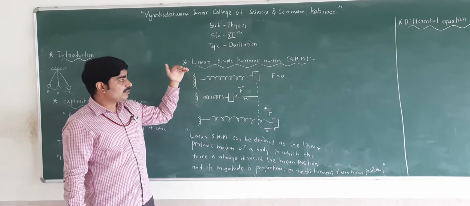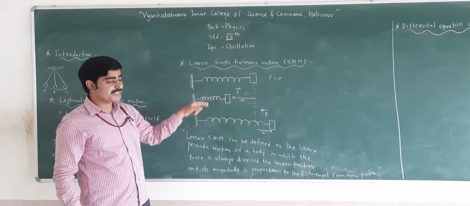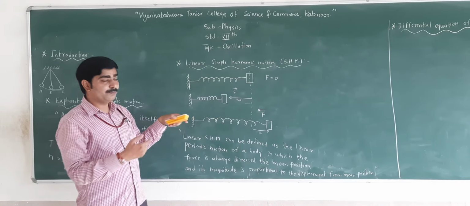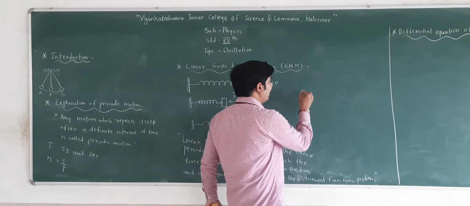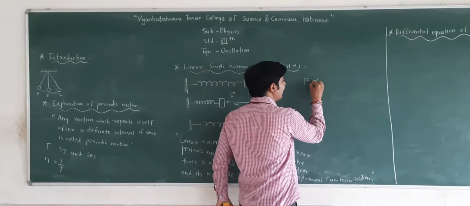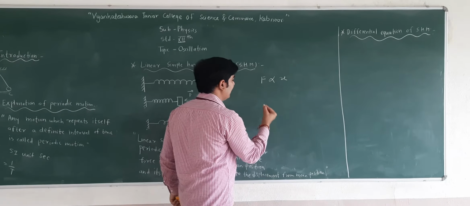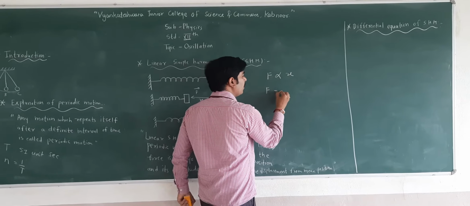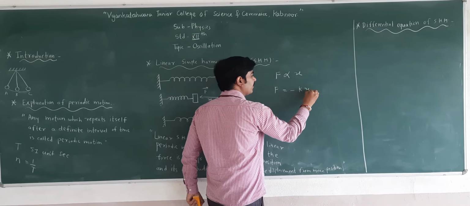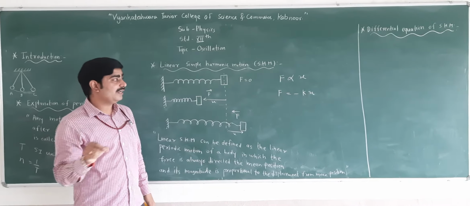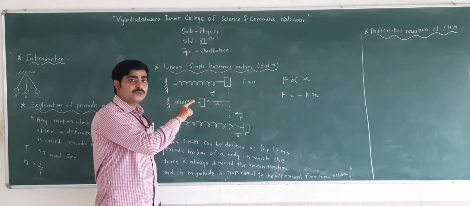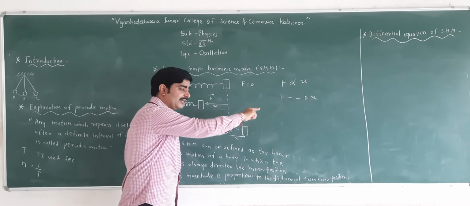Friends, here is one relation between the force and the displacement: the force and displacement are in opposite directions. So for linear S.H.M, we can say that F is directly proportional to x, and F is equal to minus k into x. What does the negative sign indicate? The negative sign indicates that the restoring force and the displacement have opposite directions.